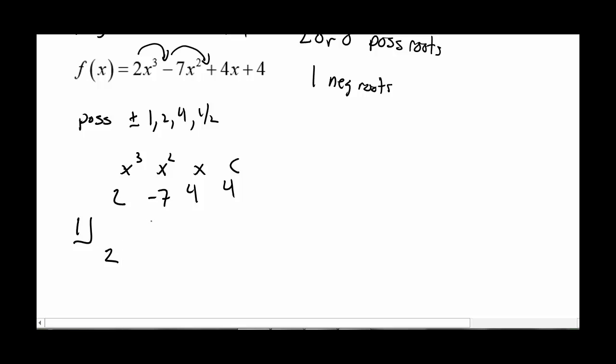Multiply, I get 2, so that's negative 5. Multiply, it's negative 1. Multiply, and I get 3. Okay, so 1 did not work. Moreover, 1 is not a bound, because I don't have all positive numbers there, so that means keep going on the number line. So we're going to go to 2.